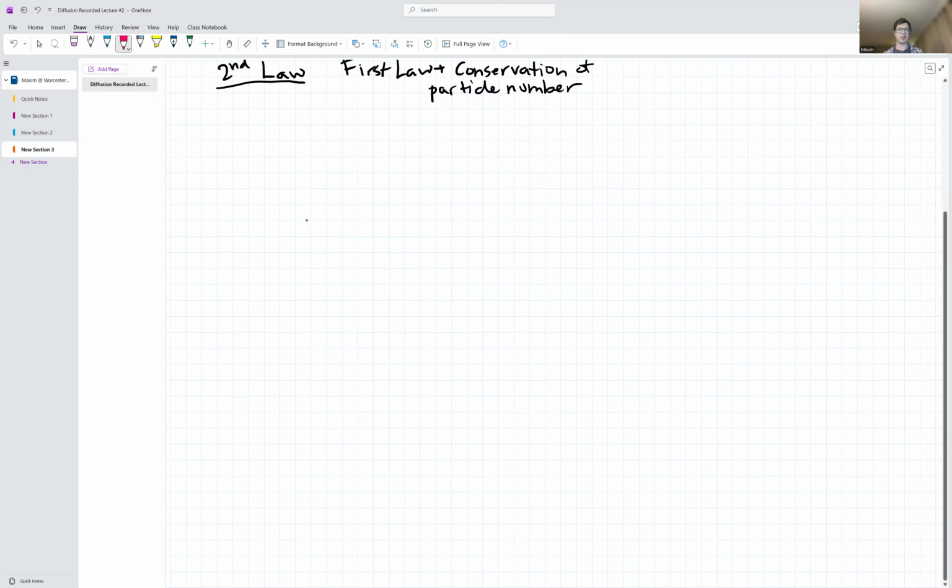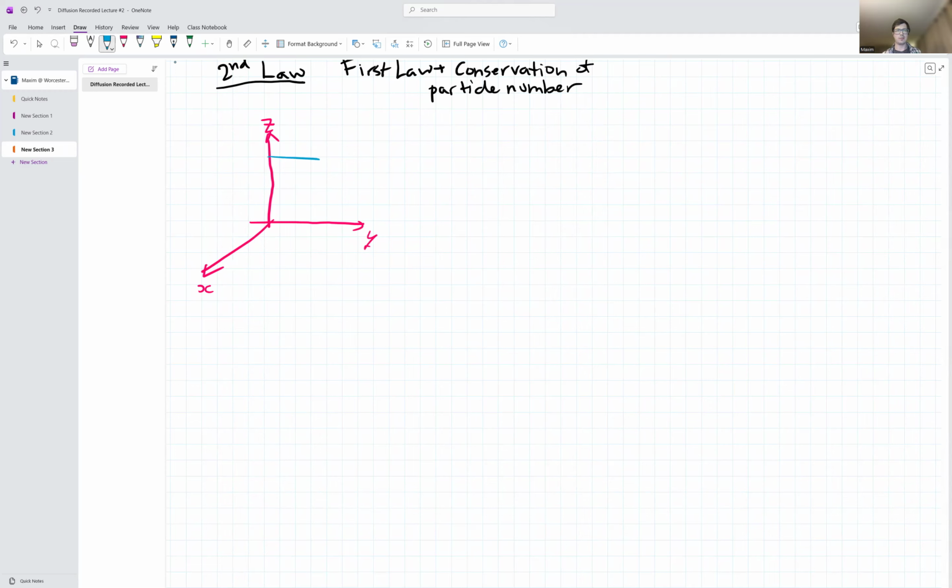So let's set up a coordinate system. Got your usual X, Y, Z. So you have your Z-axis, say, your Y, and your X. And let's imagine a box of particles, a cube or a rectangular cuboid box, where the height of it is going to be some small delta z.